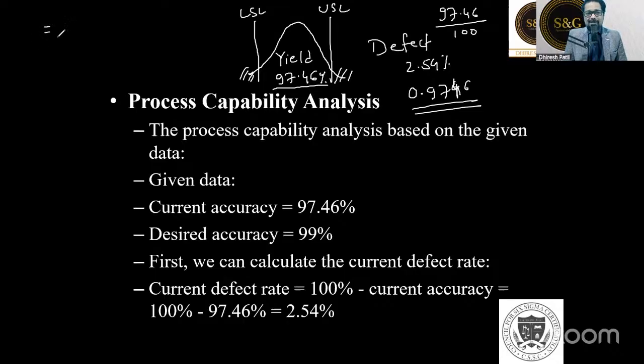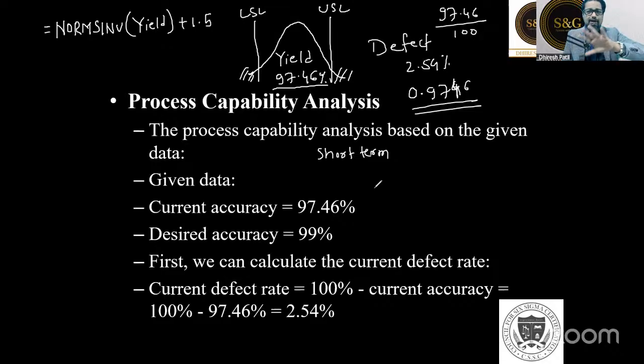The formula is NORMSINV in bracket yield, bracket complete, plus 1.5. This is the formula. What is this 1.5? This 1.5 is called the sigma shift. In simple words, just try to understand this, and let's not get confused about it.